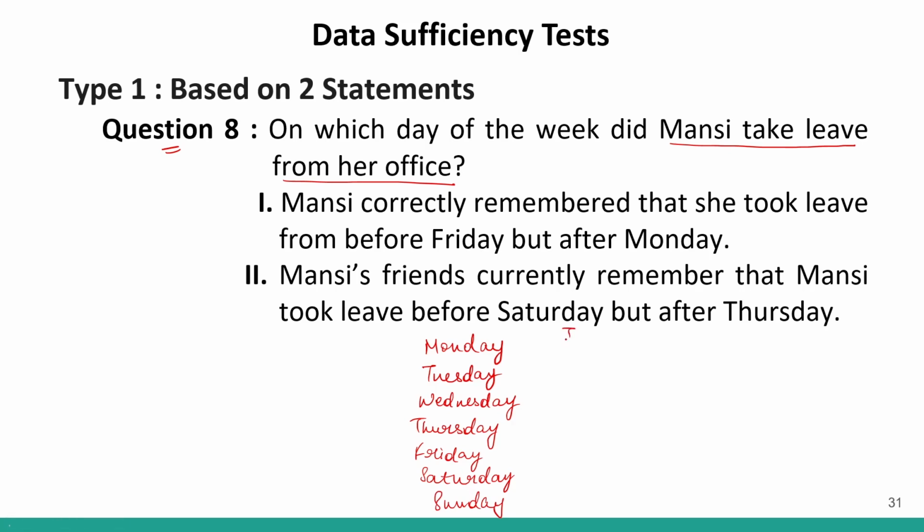If I look at statement number 1, it says that Mansi correctly remembers that she took leave before Friday but after Monday. So she did not take a leave on Monday, correct? And she did not take a leave after Friday.